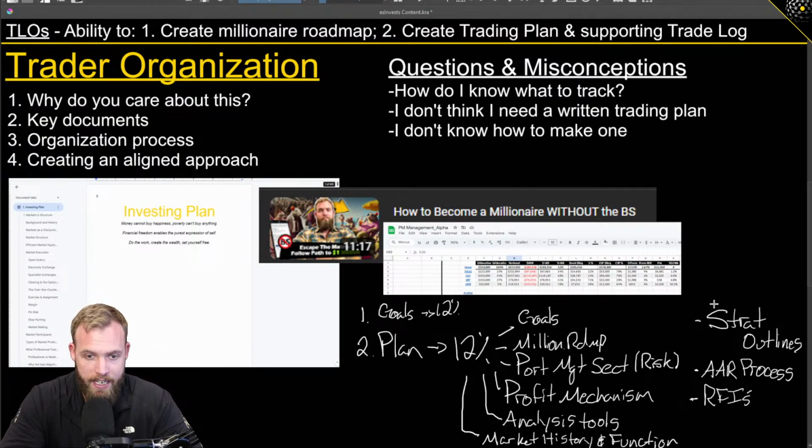Now, within strategy outlines, this is a standard format that I use. Exec summary, setup, management, tracking, RFIs.